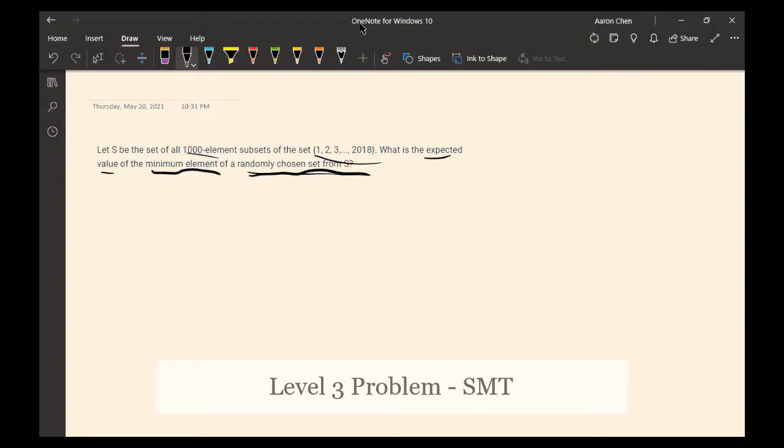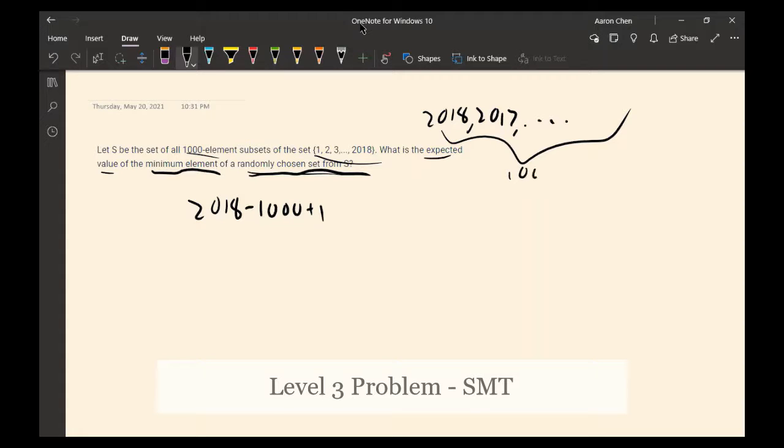And so, first of all, we should realize that the minimum element can at most be equal to 2018 minus 1000 plus 1. And this is only attainable in one case, which is just 2018, 2017, and so on.